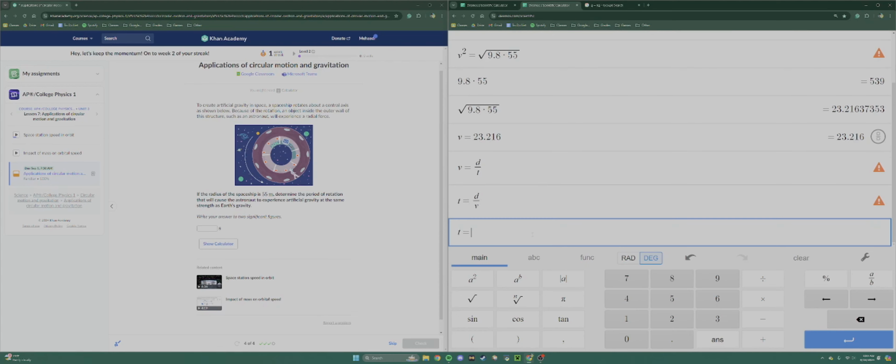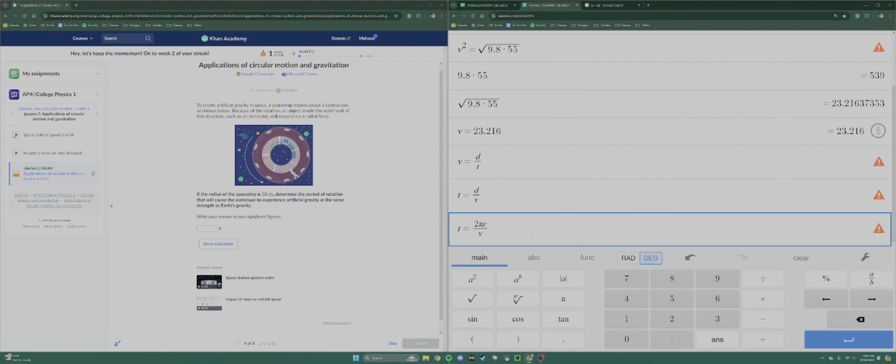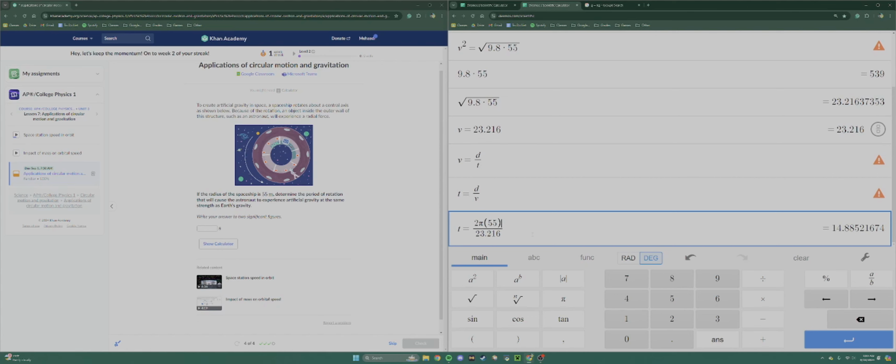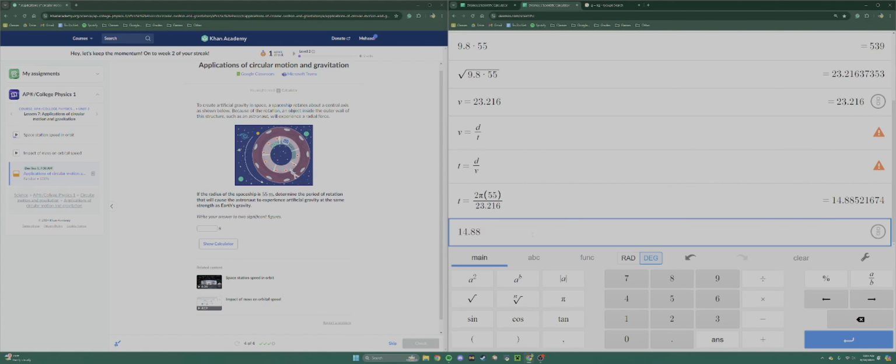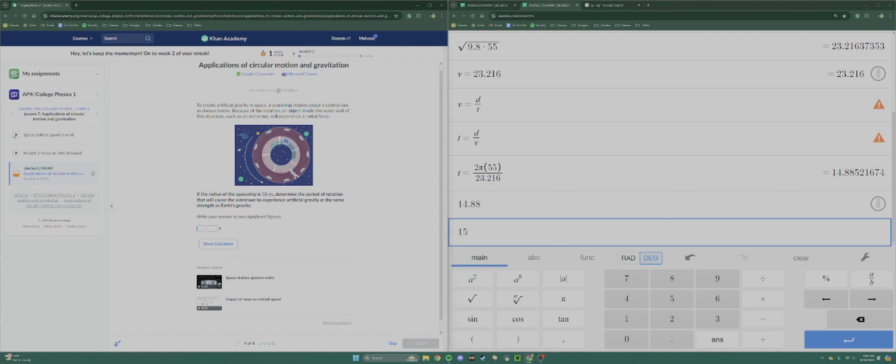Now we're going to do t equals 2 pi r over v, and we know our velocity, which is 23.216, and our radius, which is 55, which means that our answer is 14.88, or 15, since we're solving for two significant figures.